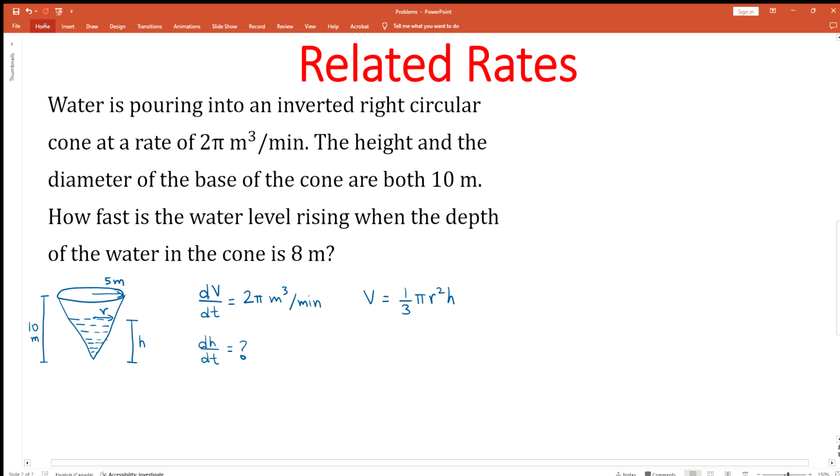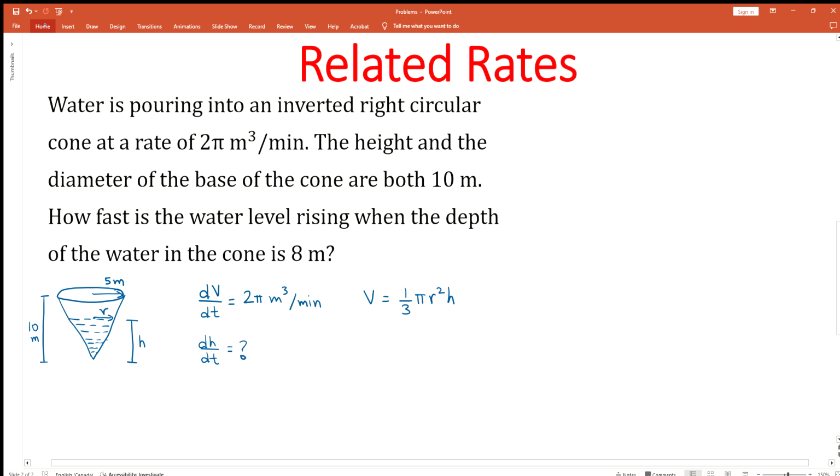As water is poured into the cone, the values of V, r and h change. Since we have to find dh/dt for this problem, we should do the substitution for r in terms of h in this volume equation.